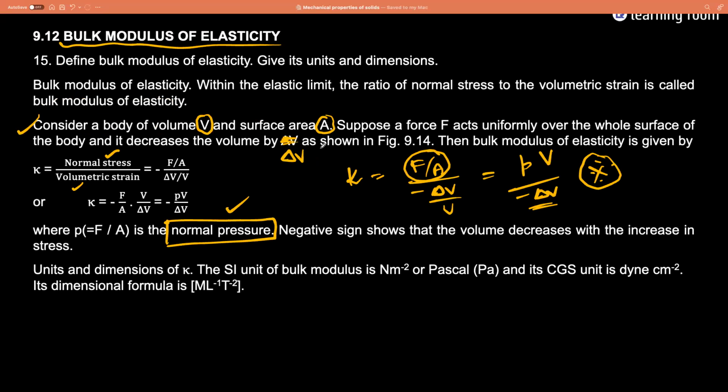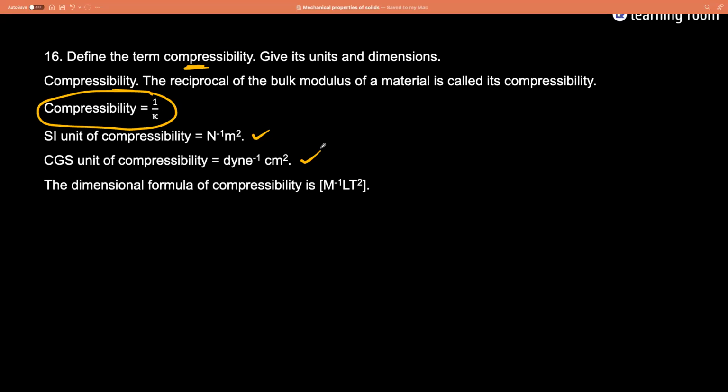And there it was T power minus 2. No? They get reversed. Shall I proceed?